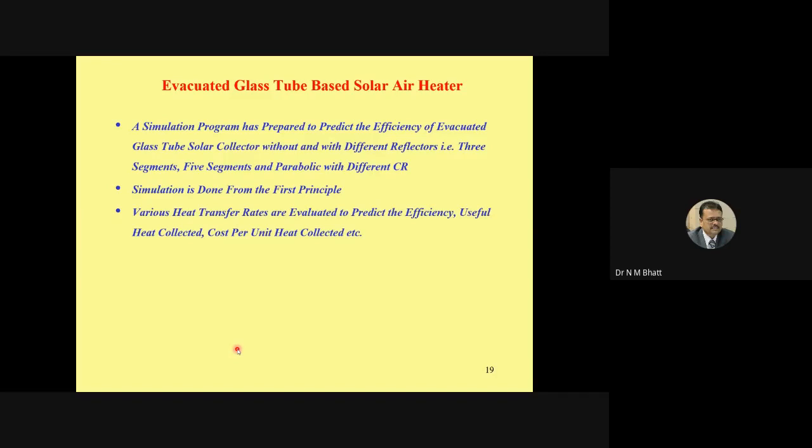Of course, we consider air as the heat extraction fluid. The program, as I mentioned earlier, was capable of predicting the performance with reflector and without reflector. Just by changing one parameter in the program, that parameter decides whether the collector is with or without reflector, and if it is with reflector, what is the type of reflector or the concentration ratio.